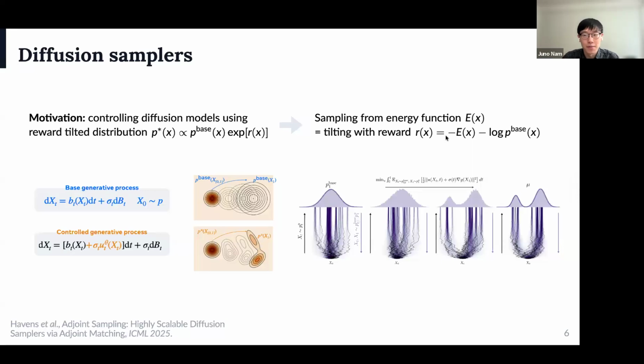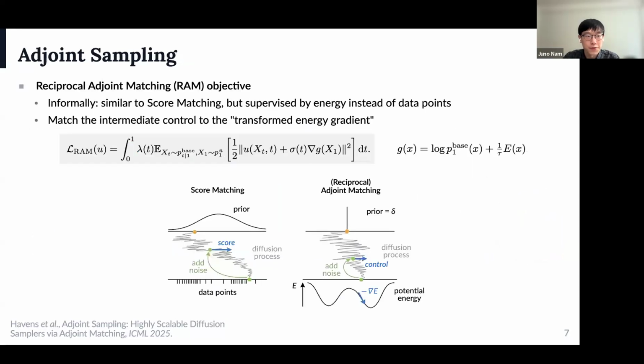There have been various ways of training diffusion samplers from the energy function, but the method I'll introduce today is based on the approach called adjoint sampling.